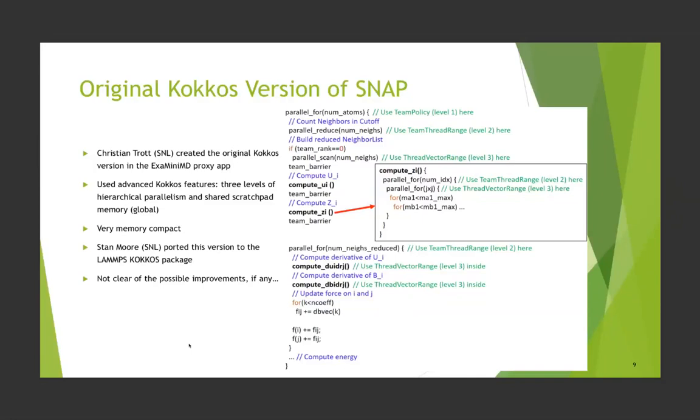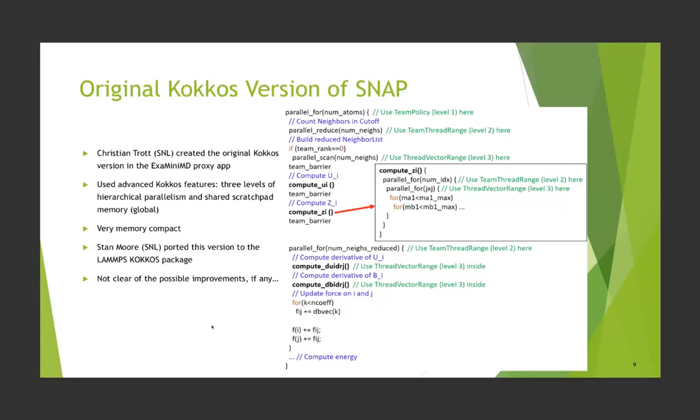The second level is the team thread range policy, which is over the number of neighbors. As Aiden explained, the first is the central atom, and then you have a spherical cutoff of neighbor atoms. And then the third level is over some inner loop that Aiden showed inside the bispectrum component calculation.